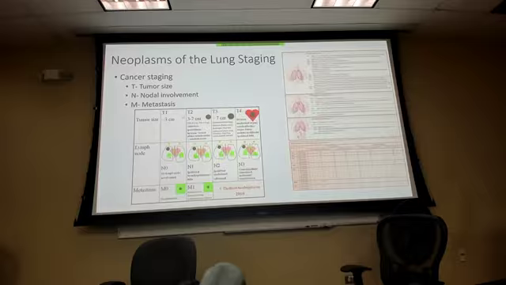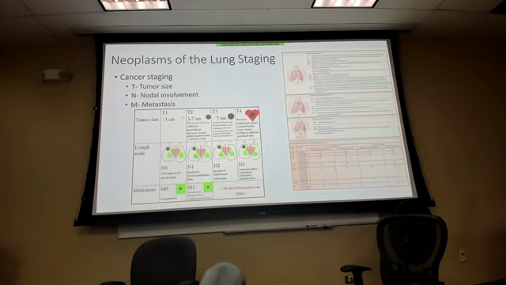Okay. So knowing the basics of how the T, N, and M structure for cancer staging works, this is the same cancer staging for every single cancer. Whether it's colon, breast, brain, lung, bone, doesn't matter, it's the same.